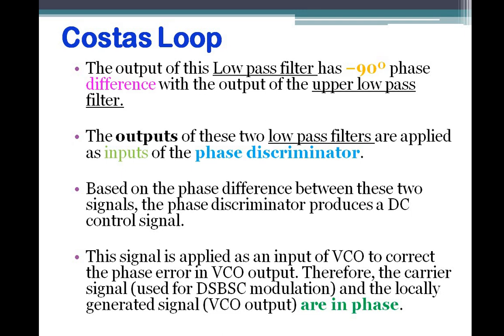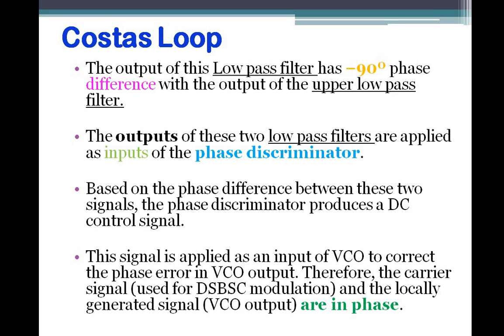The outputs of these two low pass filters are applied to the phase discriminator. Based on the phase difference between these two signals, the phase discriminator produces a DC control signal, that is, a proper DC control voltage.